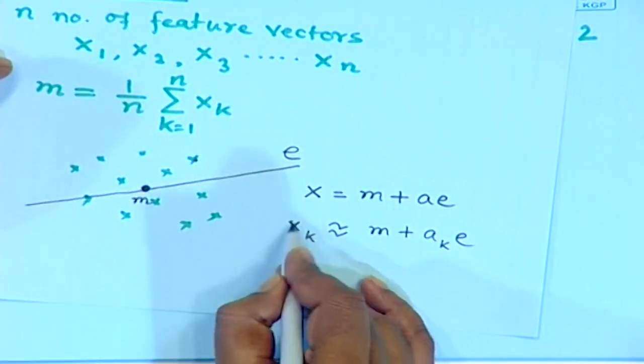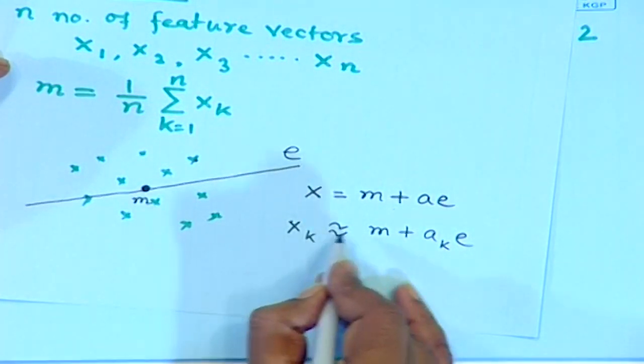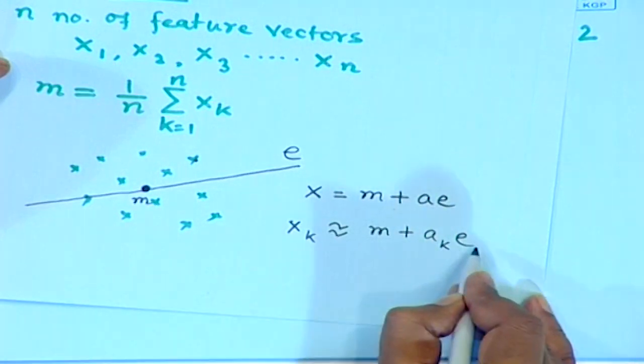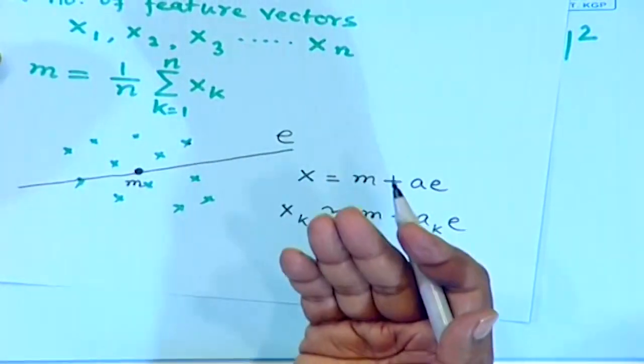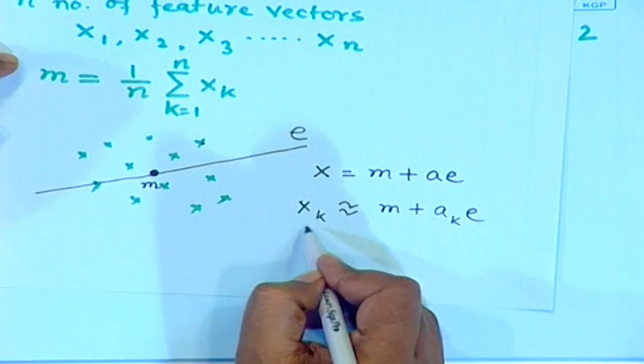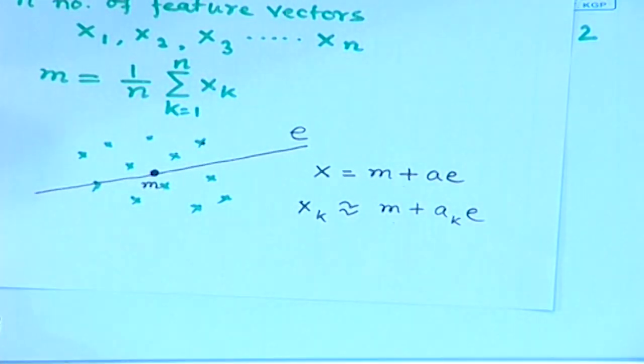Otherwise, how do I get the error? Here xk is my original point and this is the projected point. The difference between the original point and the projected point is my error.